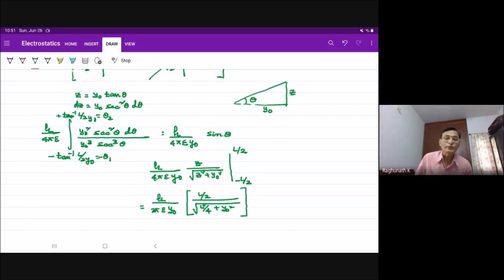Check it. For the upper limit, z is equal to L by 2, the lower limit minus z is equal to minus L by 2, because of which it is 2. I can write it now.